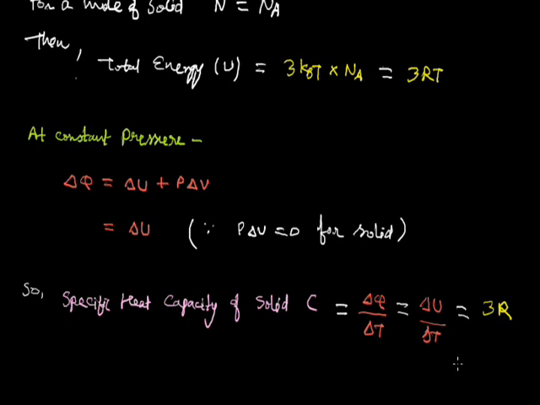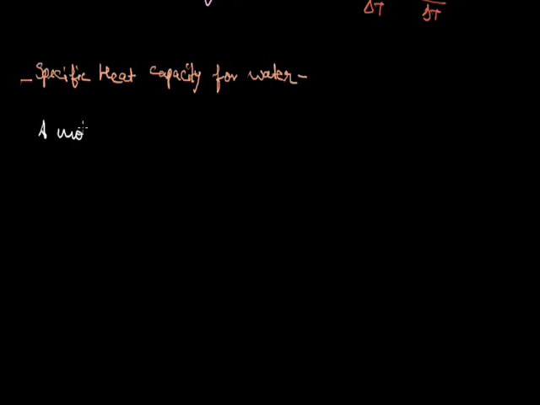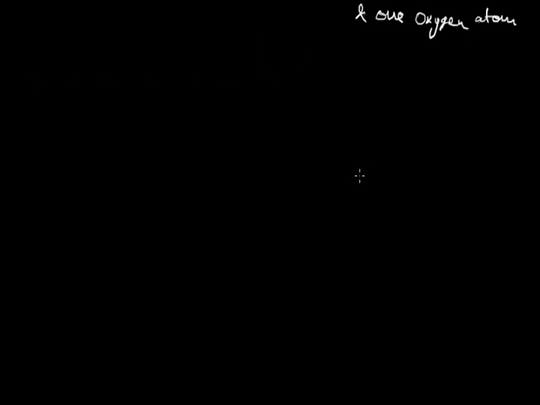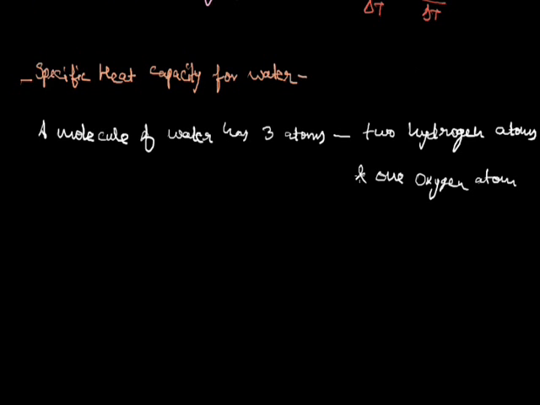Now we will discuss the specific heat capacity of water. A molecule of water has 3 atoms, 2 hydrogen atoms and 1 oxygen atom, and each of these atoms has 3 degrees of freedom respectively.